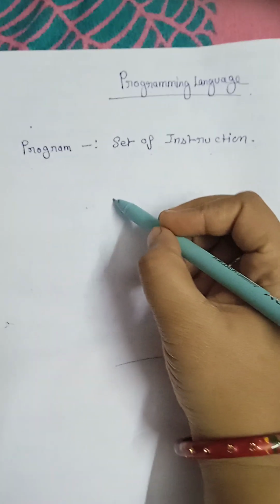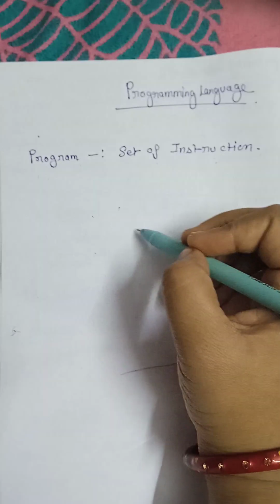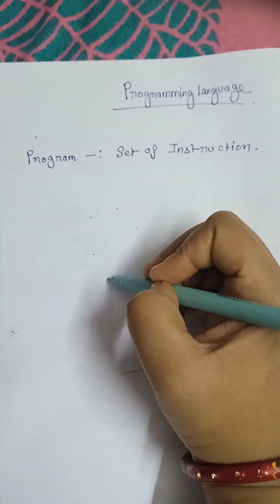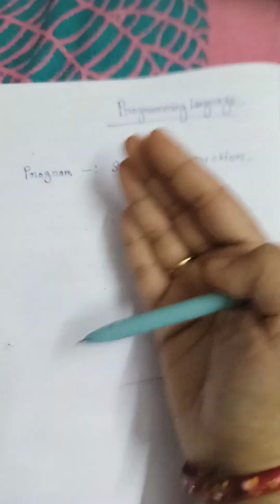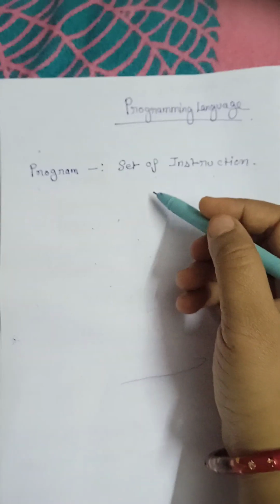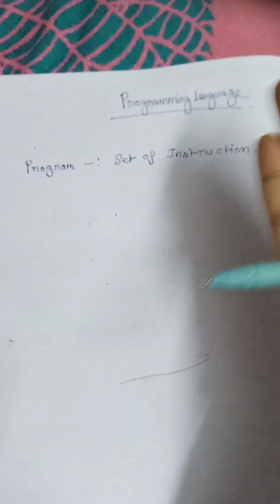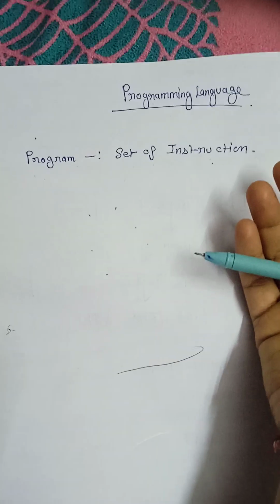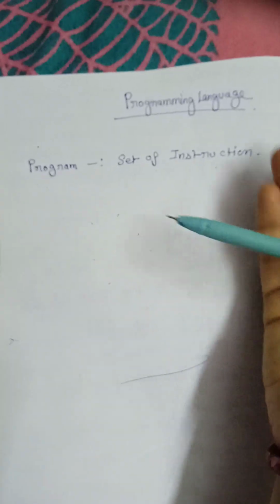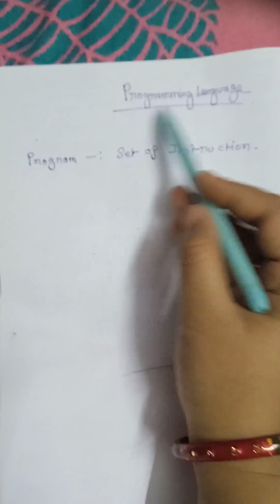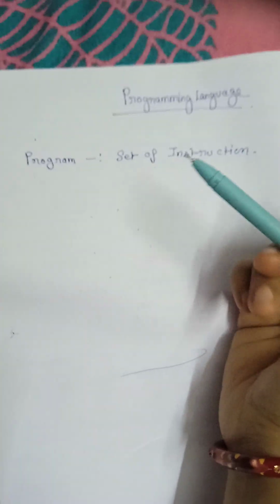We communicate in Hindi, in English, in Telugu, Tamil. Many different languages are there which we use for communication. So for communication with the system or computer, we need one language, that is a programming language. Okay.